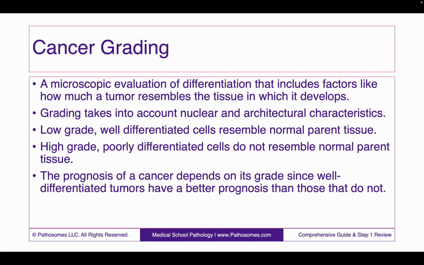Low-grade, well-differentiated cells resemble the normal parent tissue. High-grade, on the other hand, poorly differentiated cells do not resemble normal parent tissue. The prognosis of a cancer typically depends on its grade, since well-differentiated tumors have a better prognosis than those that do not in general.